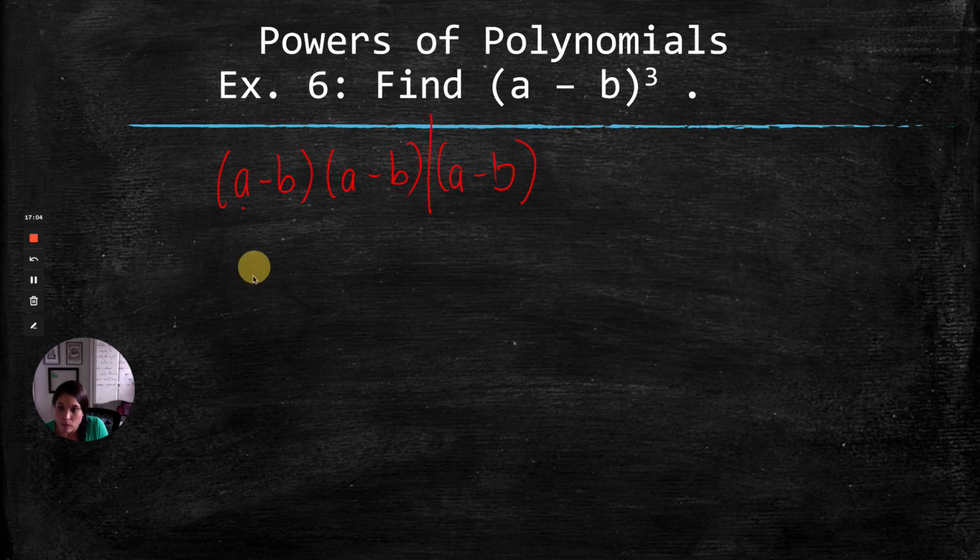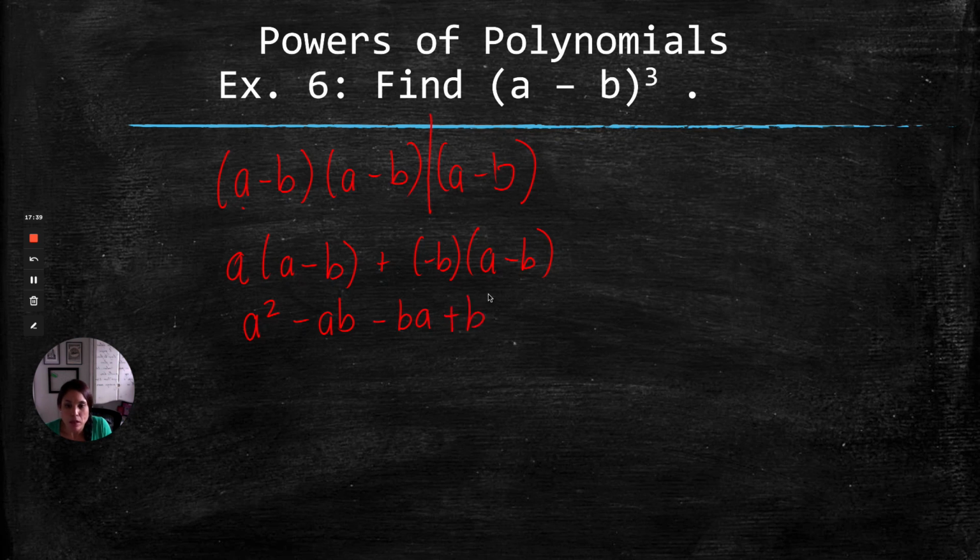So a times a minus b, plus negative b times a minus b, and distribute this. So this becomes a squared minus ab minus ba plus b squared.